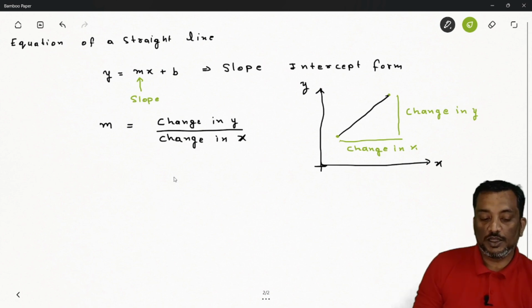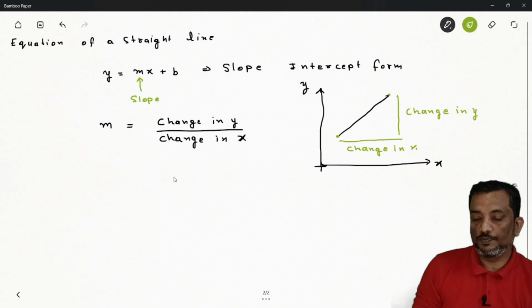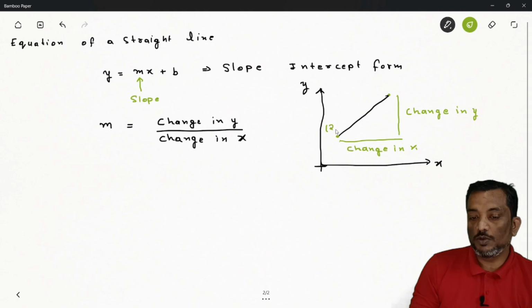So here, if you want to find any slope, suppose I give you this point as 2, 3, and this one as 5, 7.